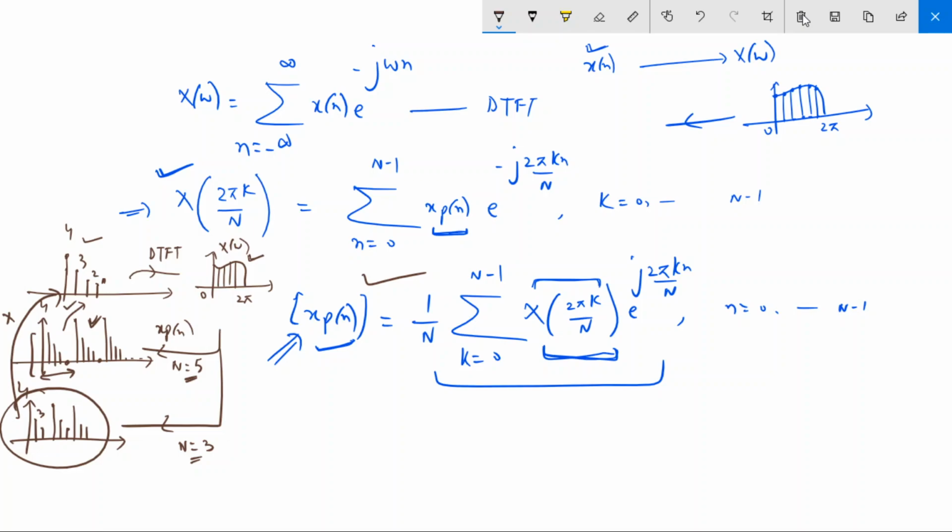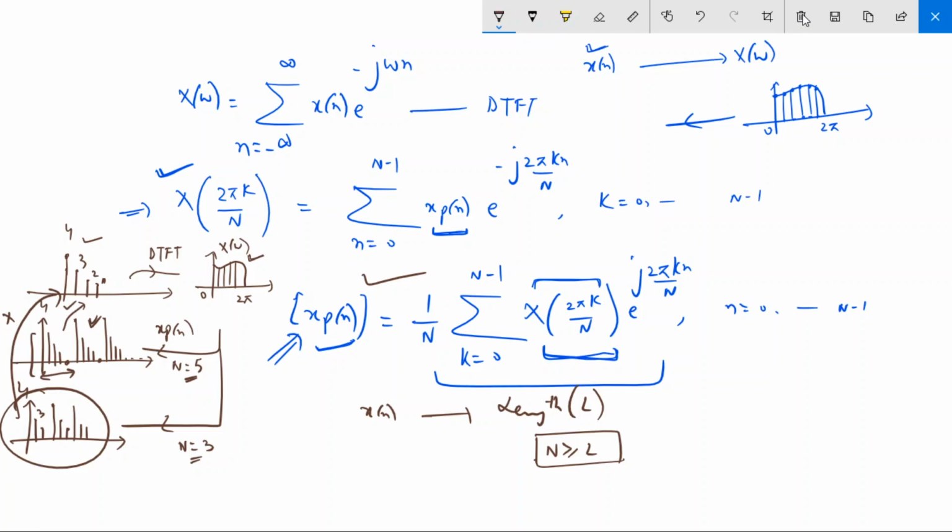So what is the condition for sampling in the frequency domain? If x[n] has a length of L samples, then N must be greater than or equal to L. The number of samples in the frequency domain must be greater than or equal to the length of the signal.